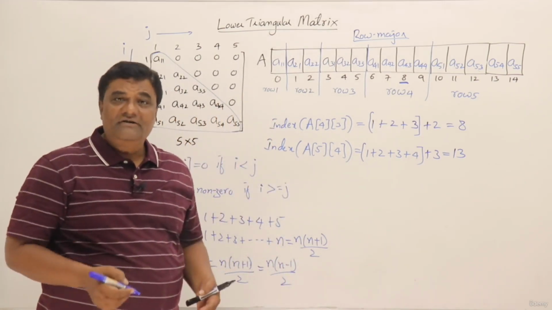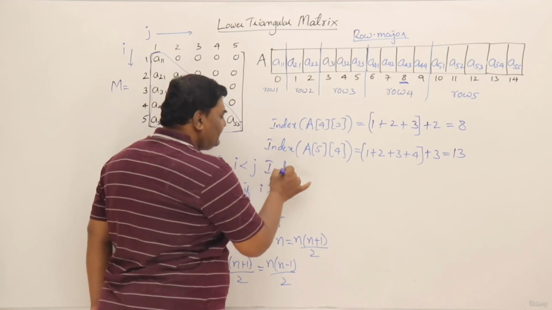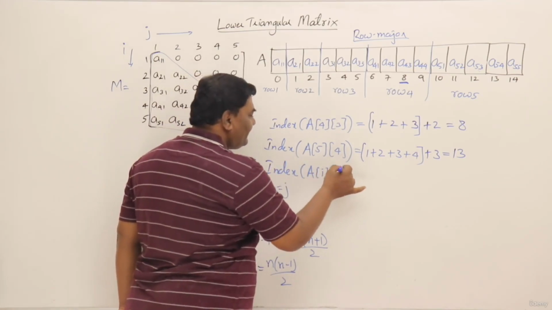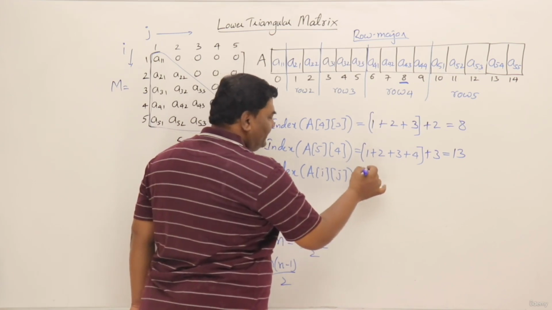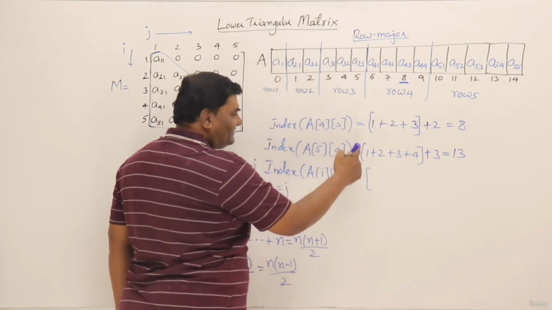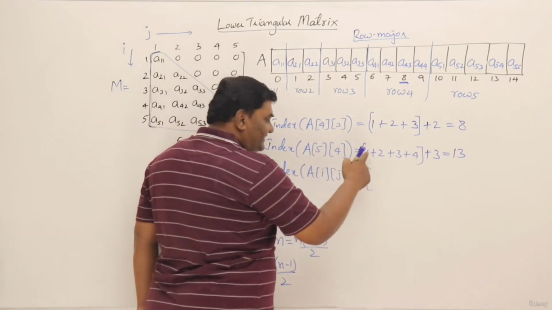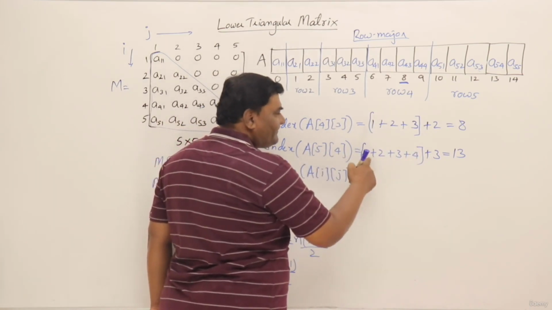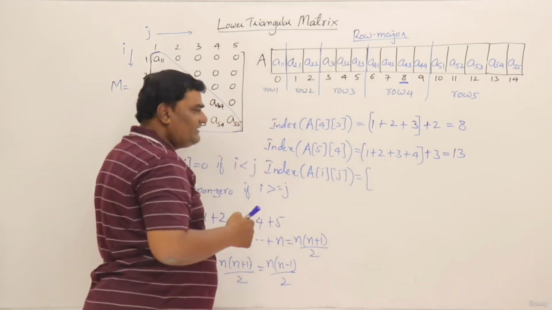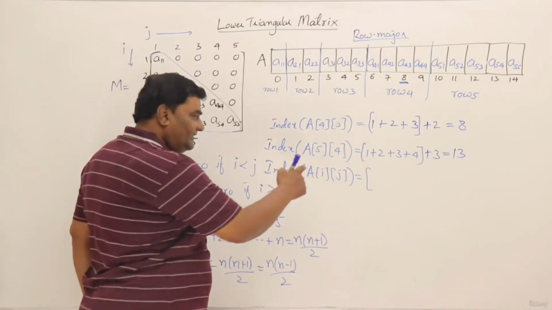So what is the formula for any i, j? For any index A of i, j, the formula should be as follows. This is adding 1 plus 2 plus 3 because it is the 4th row. This is adding 1 plus 2 plus 3 plus 4 because this is the 5th row. So for 5, it is 5 into 5 minus 1 by 2, that is the sum of natural numbers less than 5, 1 less than i.